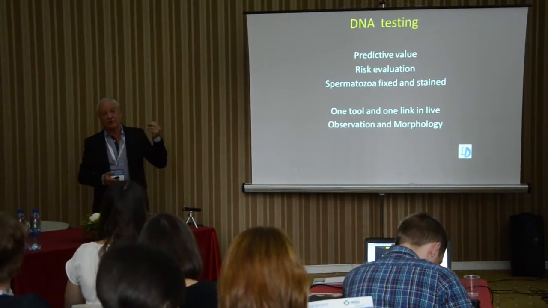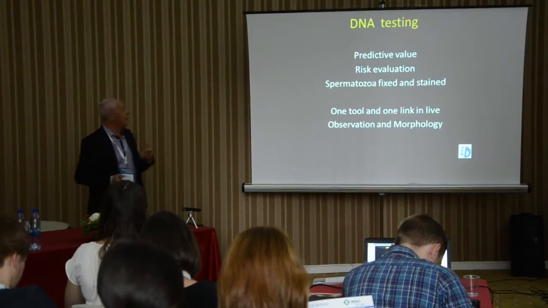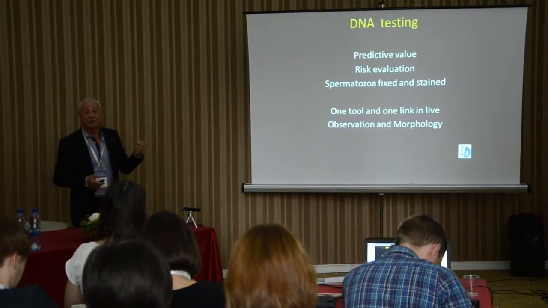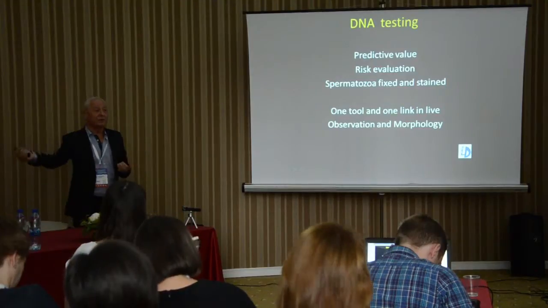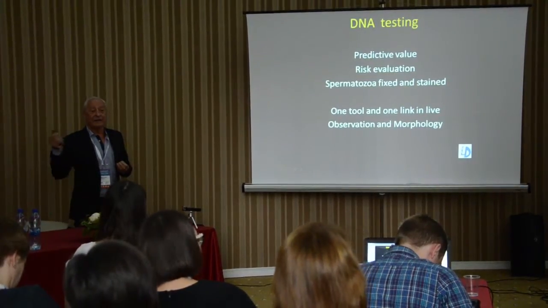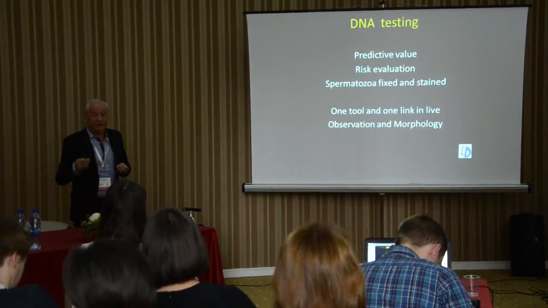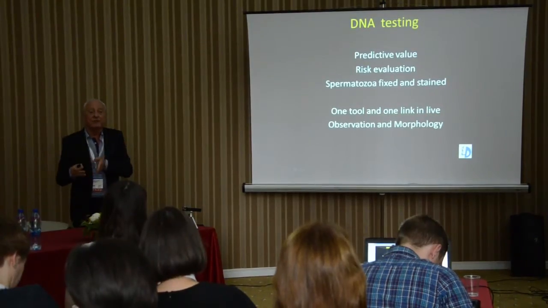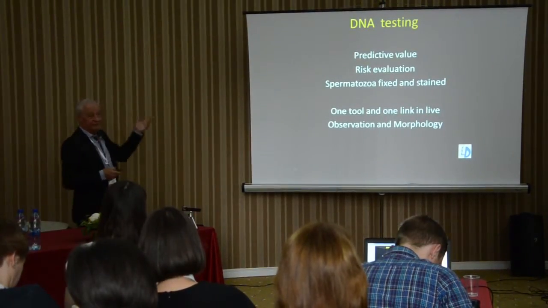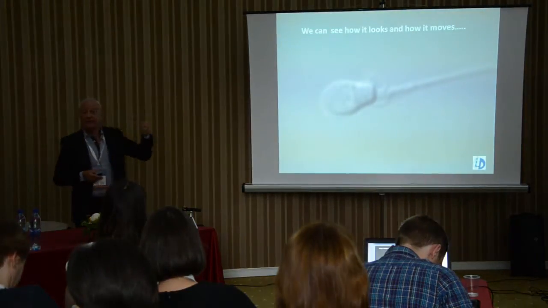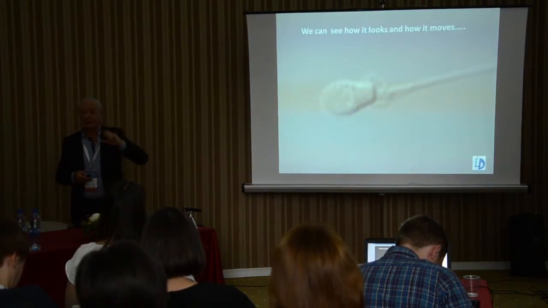You have just numbers with a prediction value, with an evaluation of the quality of the spermatozoa. But when you are looking for one to inject in real time, you cannot know if it's abnormal or not. This is why we thought that we can find a correlation in the lab.